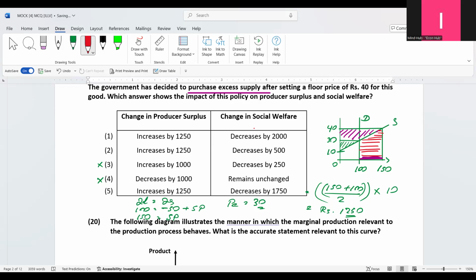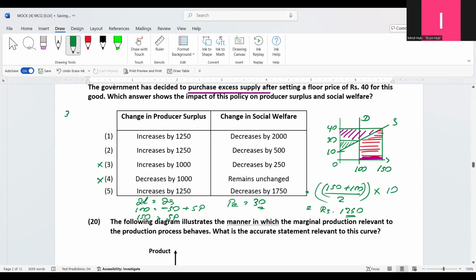But for the change in social welfare, this particular triangular part is received by producers, so we don't take that as a social welfare loss. Social welfare loss is the red shaded trapezium.